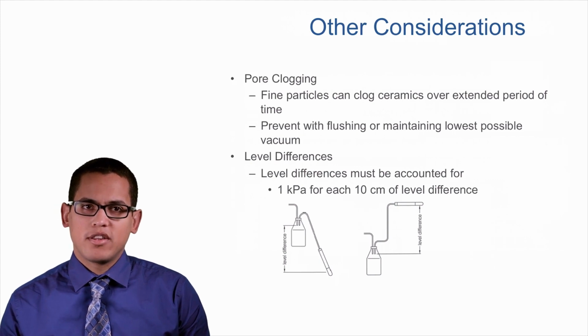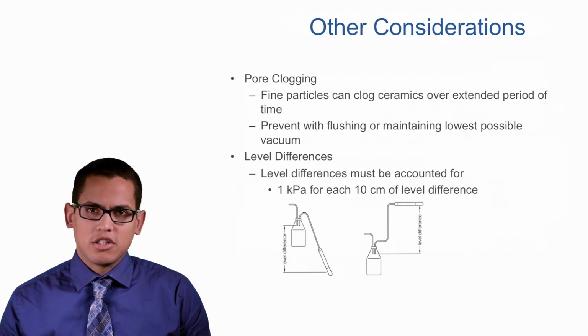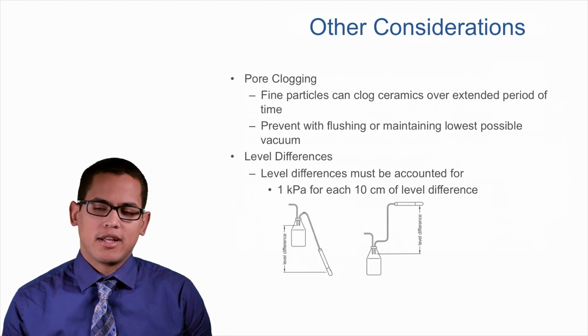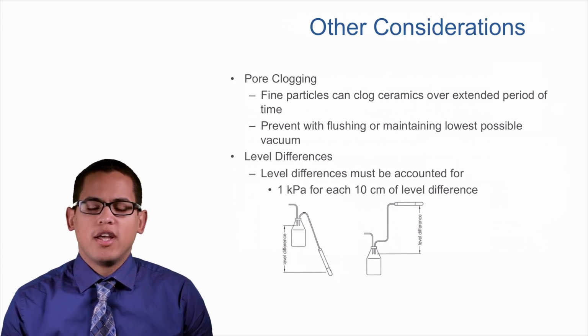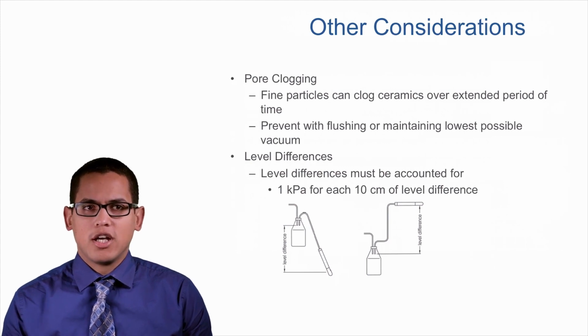You can prevent this by flushing the material out periodically, but also maintaining the lowest possible vacuum will reduce the clogging rate and help prevent them from clogging over time. And so using tensiometer controlled extraction also helps in preventing pore clogging.